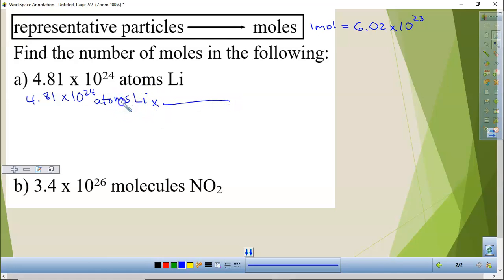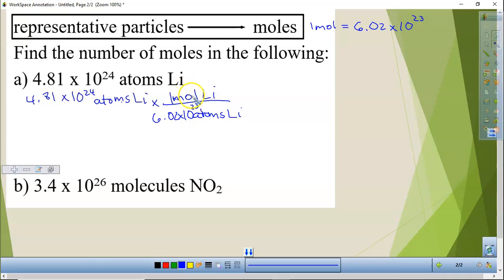So what am I going to do? I'm going to just go down that unit. The atoms of lithium in my denominator. So that is my particle. In front of atoms, I put Avogadro's number, 6.02 times 10 to the 23rd. Okay, what else do I have? Well, up here I have moles. I've used this, so I'm going to use moles now. It's going to equal 1 mole of lithium.